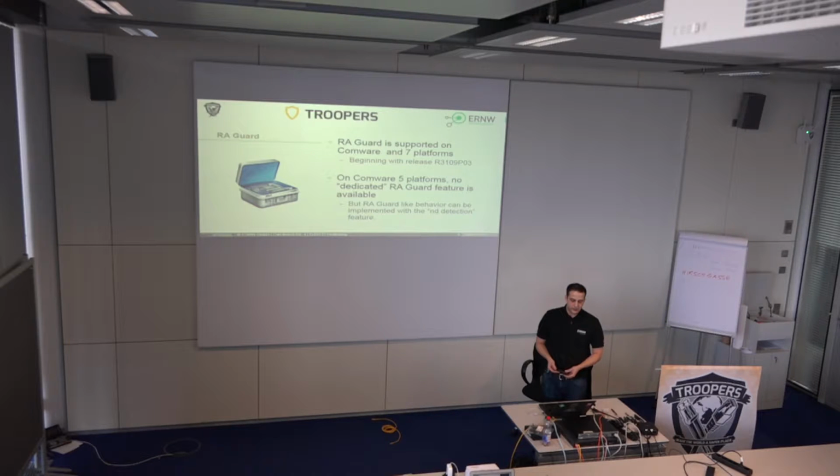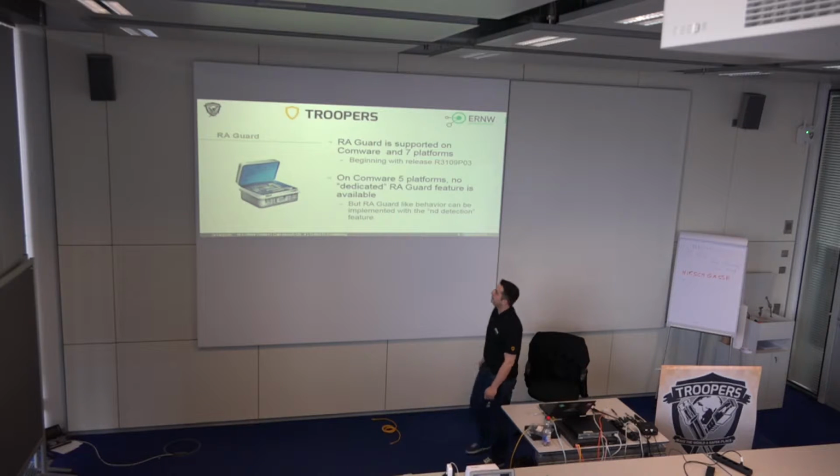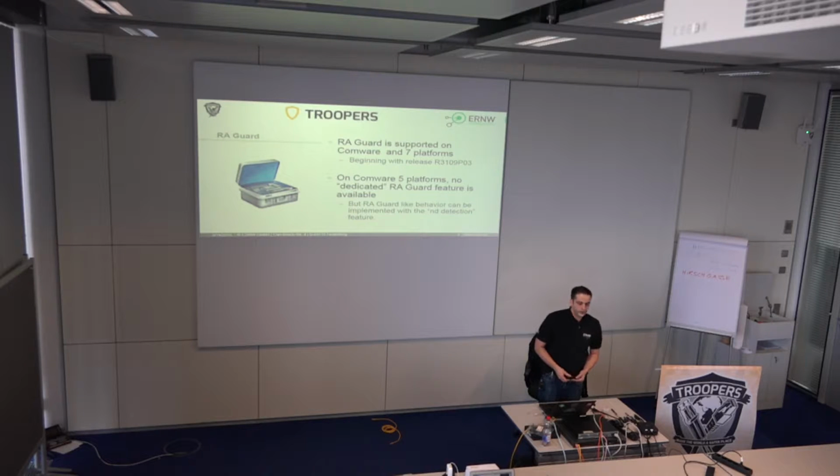HP started to implement a dedicated RA guard feature with CommWare 7 in a special release, so that you have a Cisco-like IPv6 RA guard feature on these platforms. Depending on which platform you're running, maybe CommWare 7 is already supported and released.